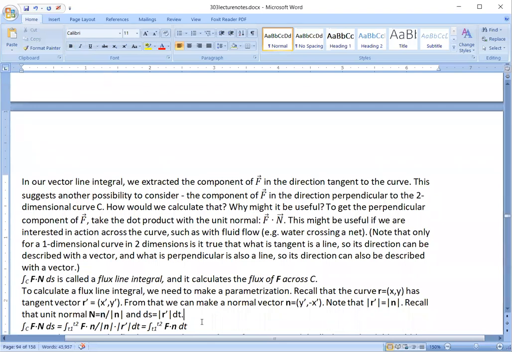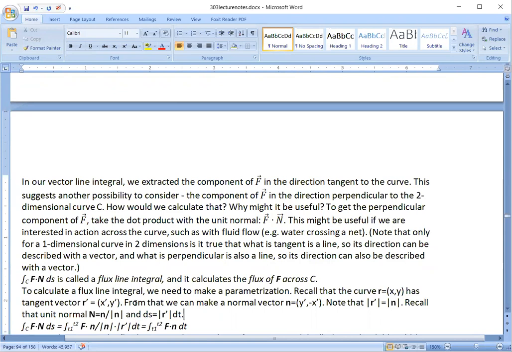So put that all together, and what do we get? We know that the flux line integral, the integral over the curve of f dot unit normal n times ds, let's rewrite that. We know that the unit normal is just this normal divided by its magnitude, times ds, which was just the magnitude of r prime dt.